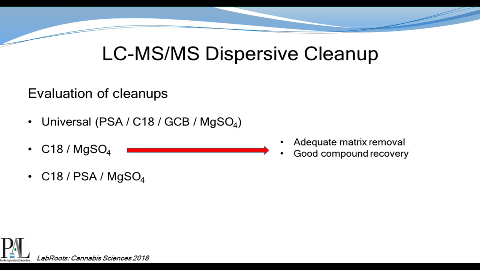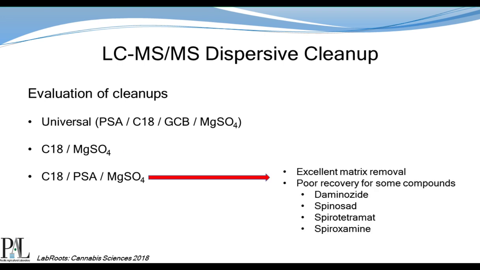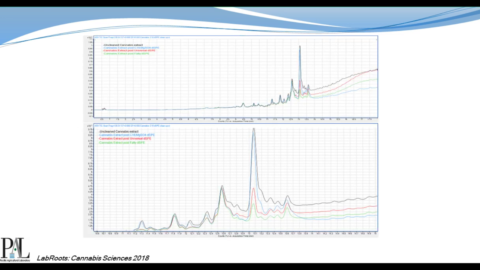The C18 magnesium sulfate combination gives you pretty good matrix removal, and it's got okay compound recovery. And then the C18 PSA magnesium sulfate has great matrix removal, mostly because of the PSA, but there's definitely a group of 4 compounds we've identified so far that have very poor recovery: diminozide, spinosad, spirotetramat, and spiroxamine.